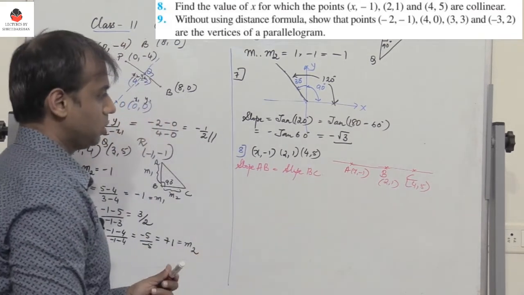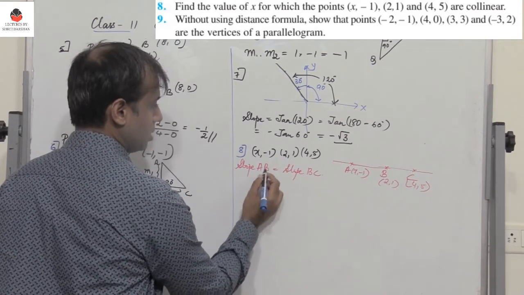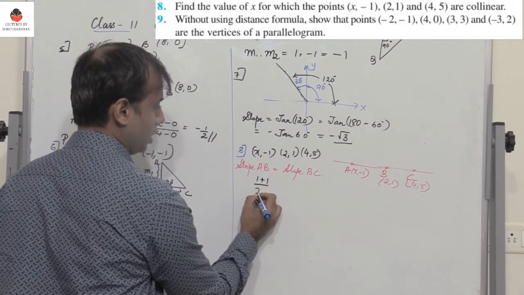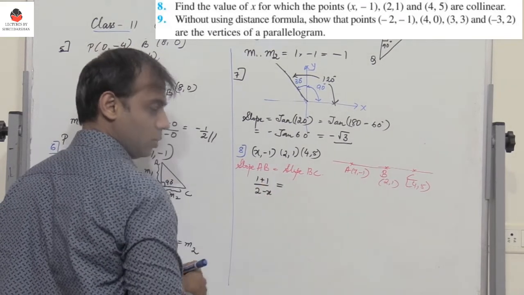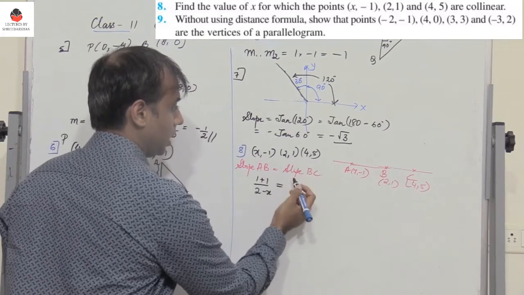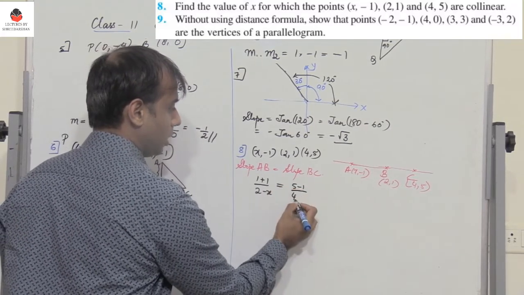So let me find slope AB. Slope AB is y2 minus y1, that is 1 minus of minus 1, which is 1 plus 1, divided by x2 minus x1, 2 minus x, will be equal to slope of BC, which is 5 minus 1, which is 4, divided by 4 minus 2.